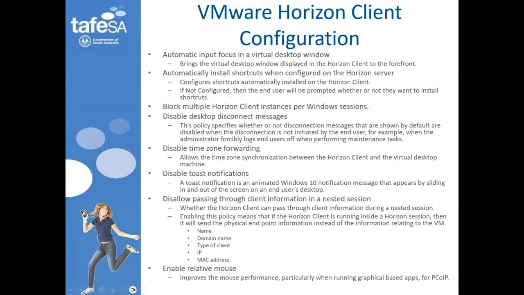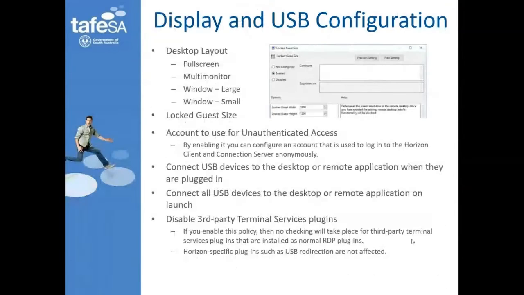Enable relative mouse improves the mouse performance, particularly when running graphical-based applications. It's for PC over IP. Okay, that's another protocol. Remember, there was VMware Blast, PC over IP, or Remote Desktop.